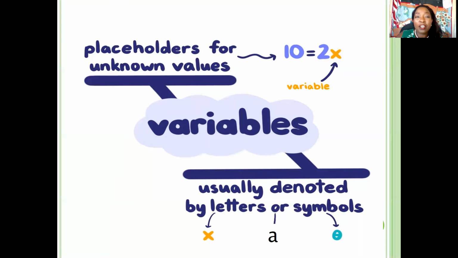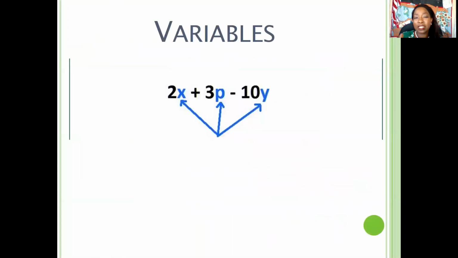We have unknown values and we need a way to represent them. We use variables. They are usually denoted by letters or symbols. So for example, you would see something like this: 2x plus 3p minus 10y. The variables in this would be x, p, and y.